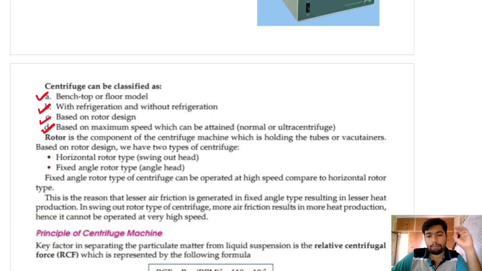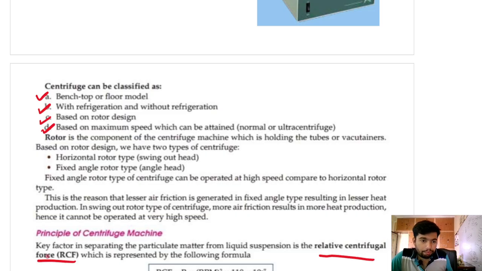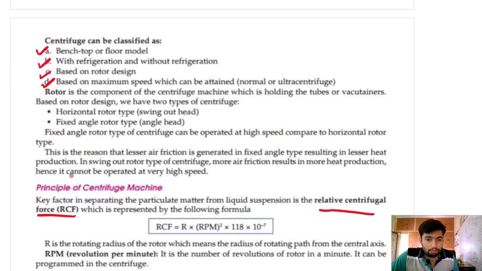Okay, one point you should note, in the principle of the centrifugal machine, we have a relative centrifugal force, RCF, which is applied over that. Okay, and the speed of that particular instrument is calculated according to revolutions per minute, RPM. Okay, whenever you are rotating at a very high speed, that is 1 lakh RPM, it is known as an ultracentrifuge.